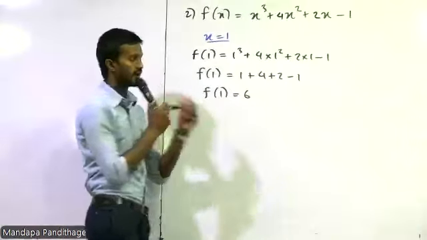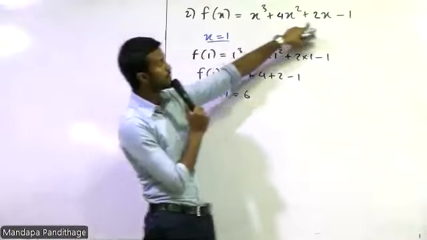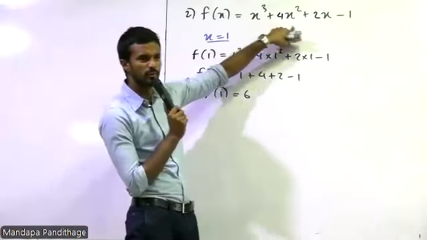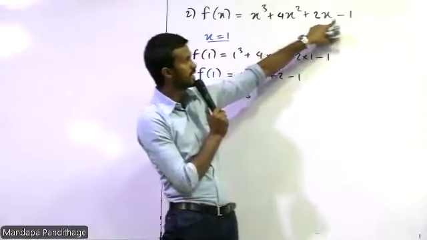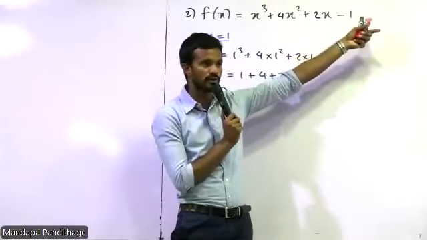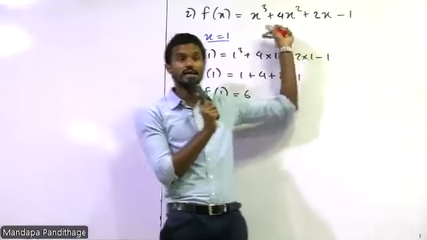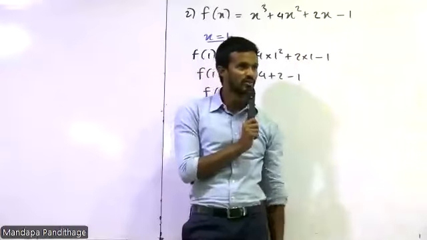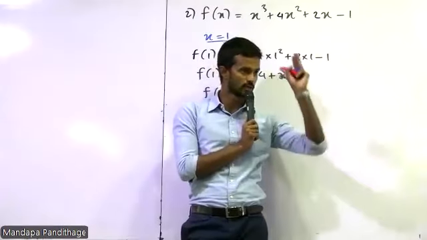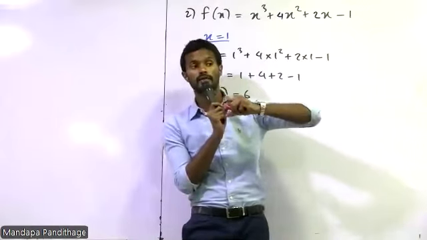If I keep substituting positive answers, this entire part will be positive. Can this minus 1 cancel the big positive coming from here and become 0? Not possible. This entire part is positive, so there's no use of substituting positive ones. So I'm turning to the negative ones.